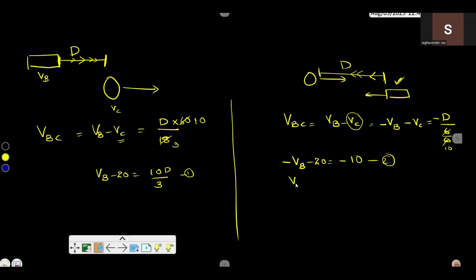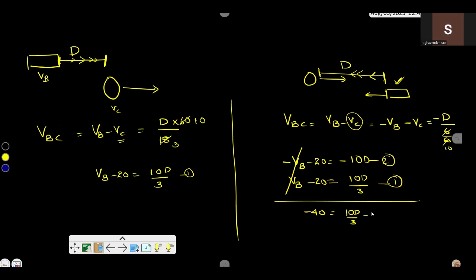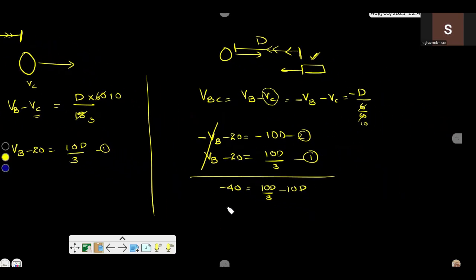Let us combine both equations. Vb minus 20 is equal to 10D by 3; this is my first equation. Let us add these two equations. Vb and Vb get cancelled. Minus 20 and minus 20 is minus 40, and then minus 10D. So 10D by 3 minus 10D gives minus 40 is equal to 10D minus 30D by 3.